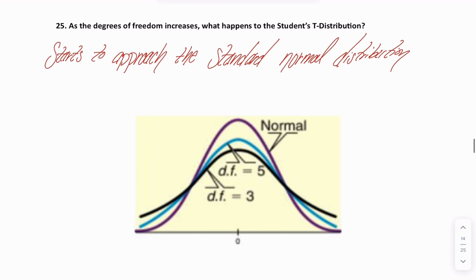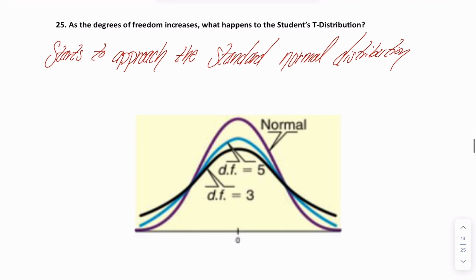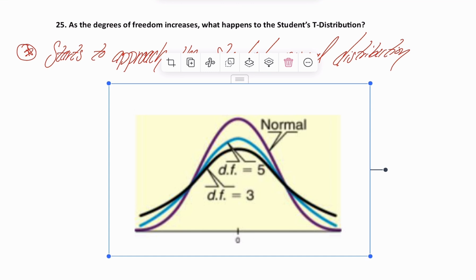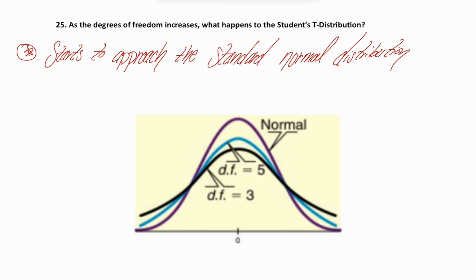Number 25, as the degrees of freedom increases, what happens to the student's t-distribution? Simply, it starts to approach a standard normal distribution. This is a topic that we discussed in class a little bit too.